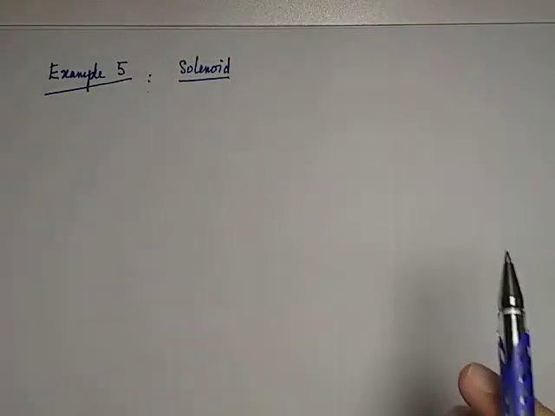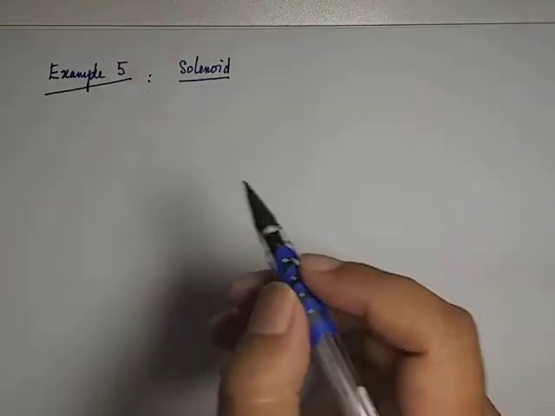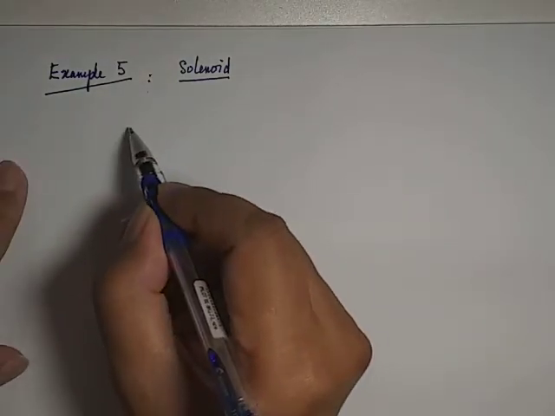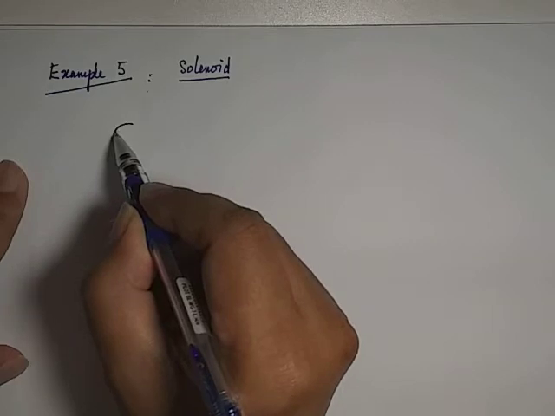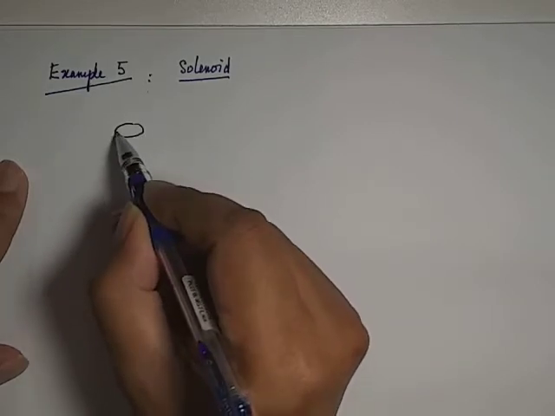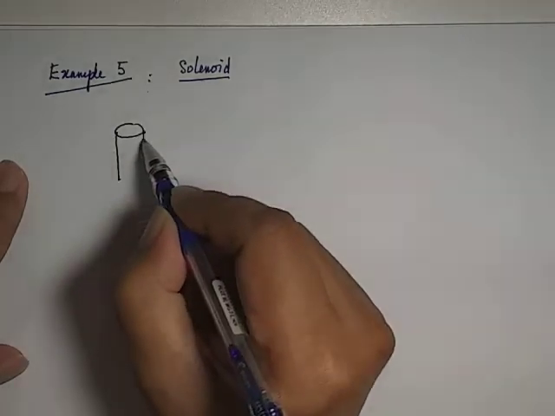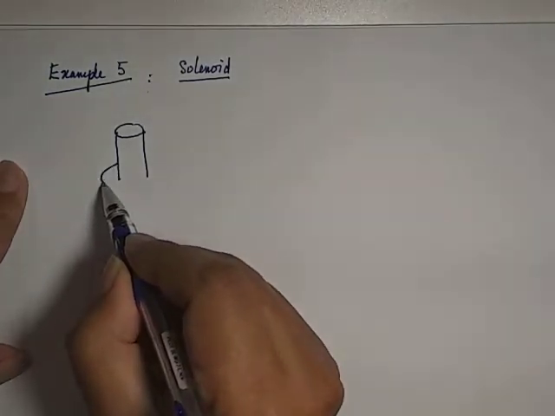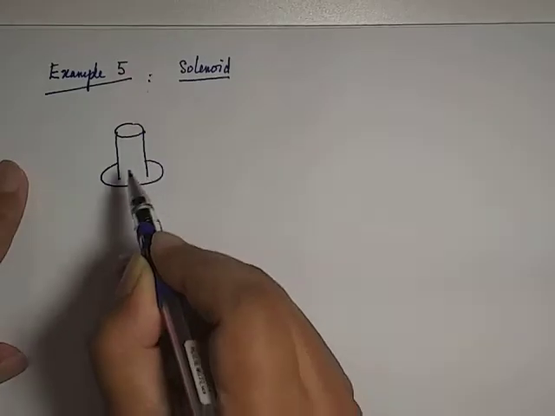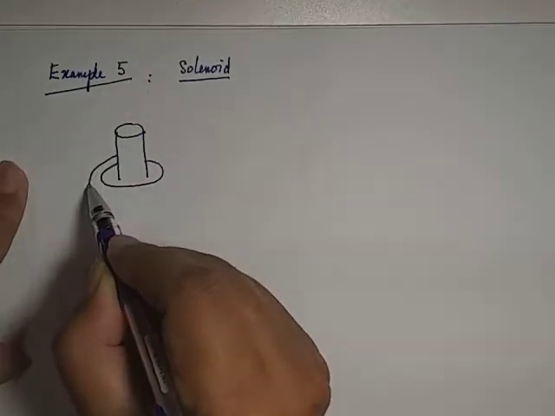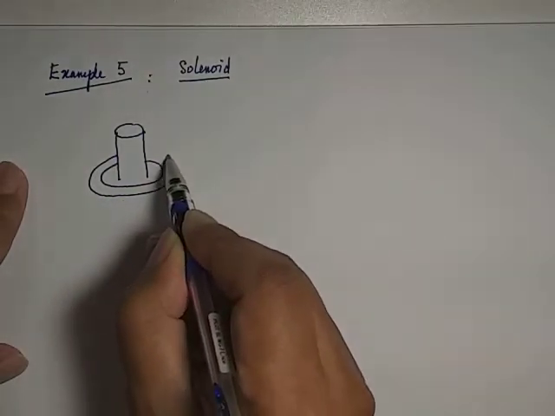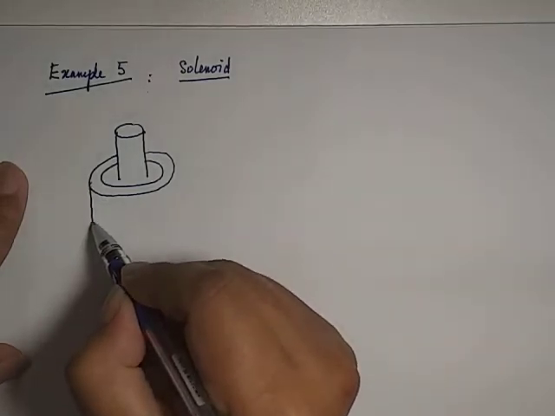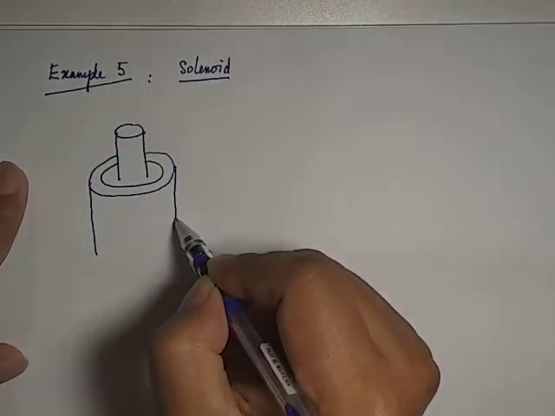Okay, so let's say you have a solenoid now. So let's draw a solenoid. Solenoid consists of the inner conductor. Okay, that should be the first conductor, and then you have dielectric material, and then you have another conductor. Okay, that should be our second conductor, having the same axis as the inner conductor.